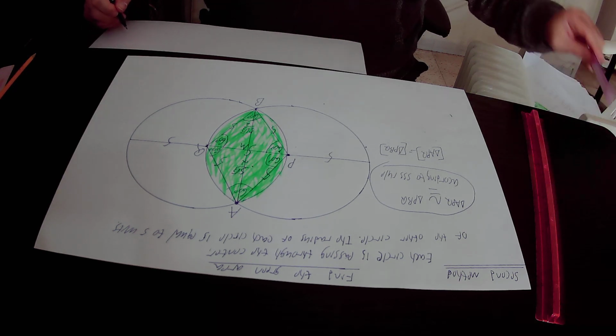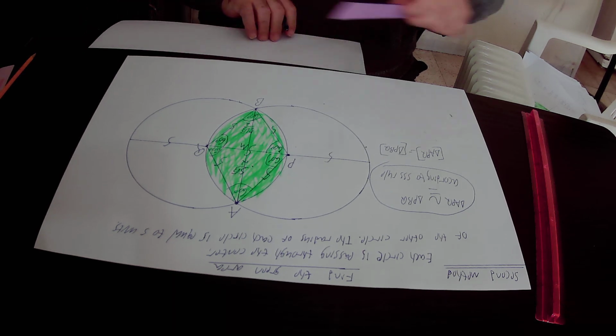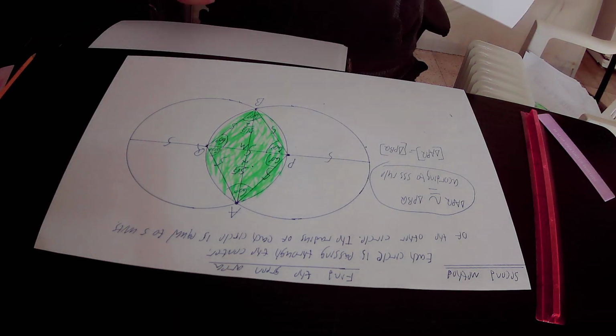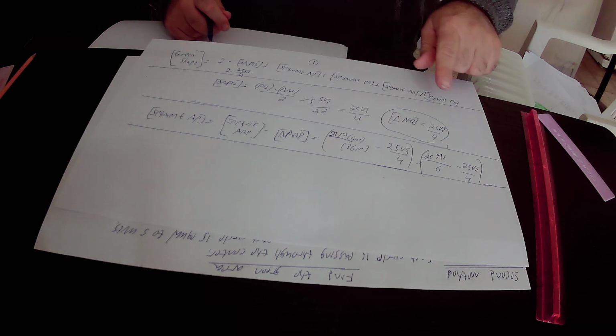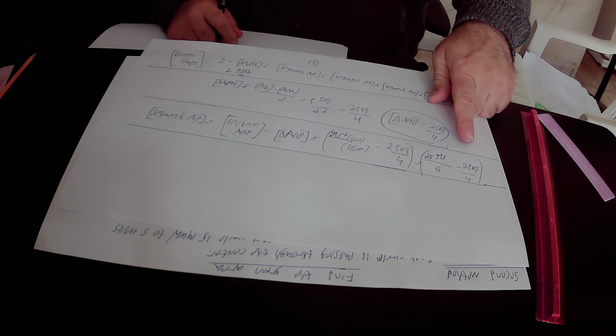So actually, in conclusion, we found out that the area of segment AP equals 25 pi over 6 minus 25 square root of 3 over 4.